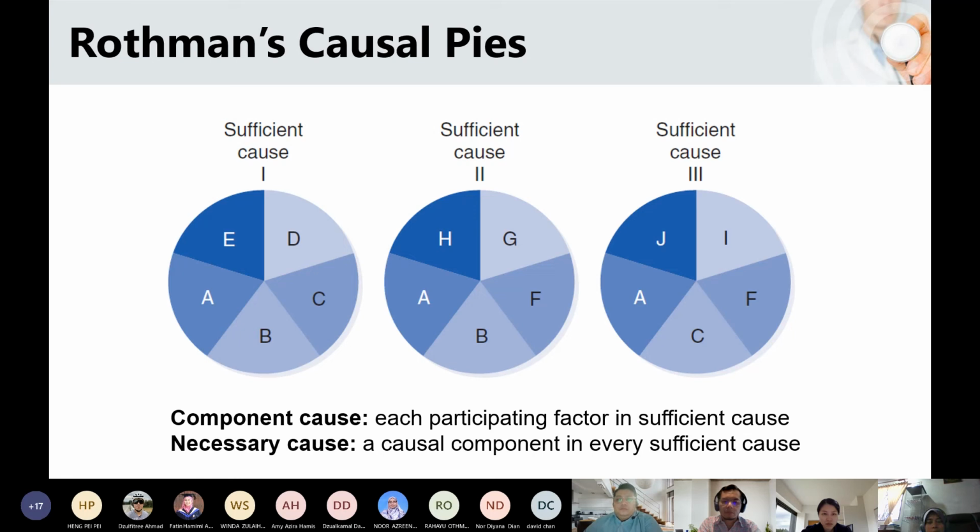All these components are sufficient to cause a certain disease in scenario 2, and all these components are sufficient to cause the disease in scenario 3. But this is the basic.